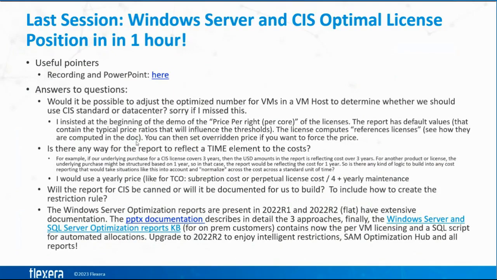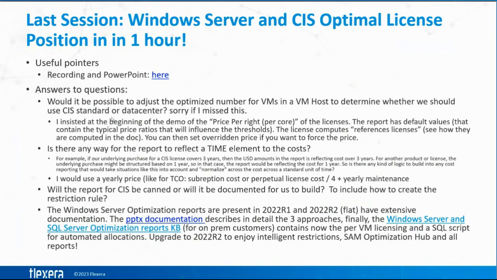What I explained during the demo last time is that this is all about cost. The SAM Windows Server optimization report uses the cost, which is a price per core.